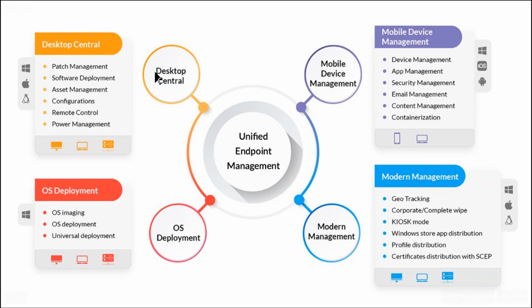As we are familiar with the Desktop Central functionality, where we can do patching, software deployment, configurations, or remote control. In OS deployment, we can capture an image and deploy an image, and mobile device management allows managing iOS and Android devices.